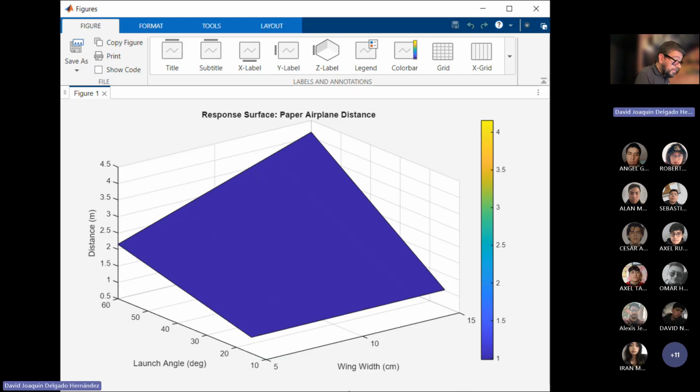Then the second combination, you have small wings and high angle.